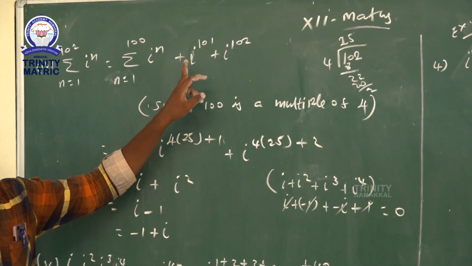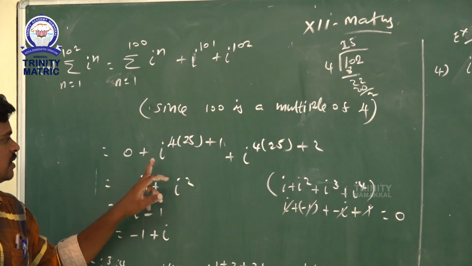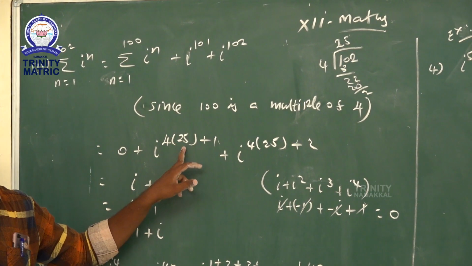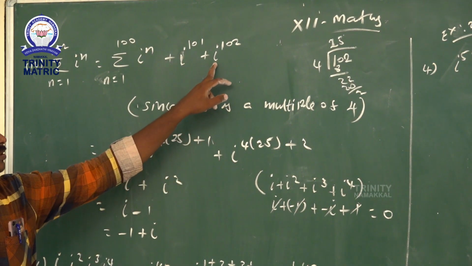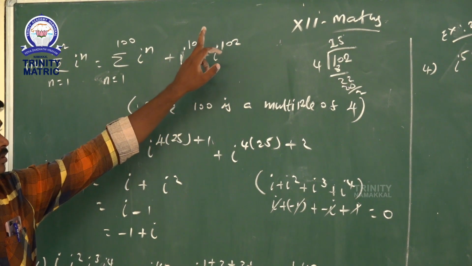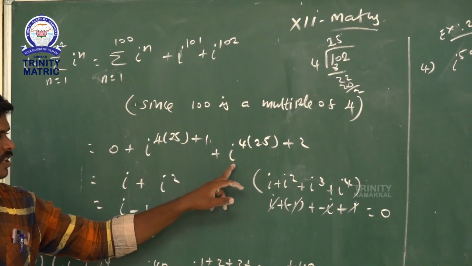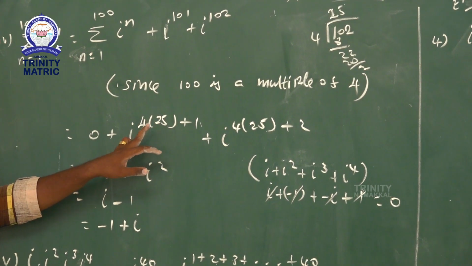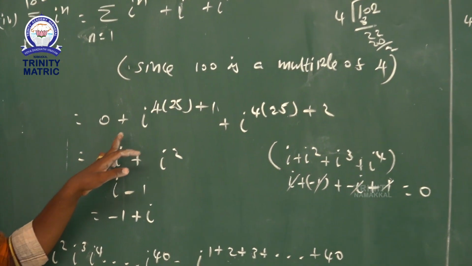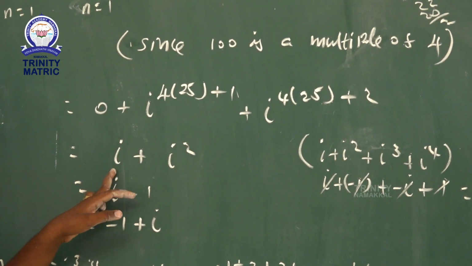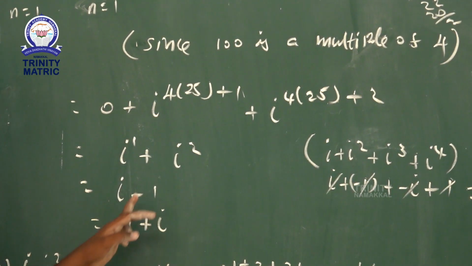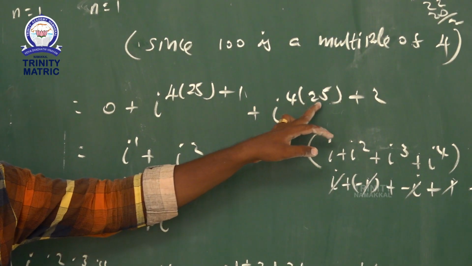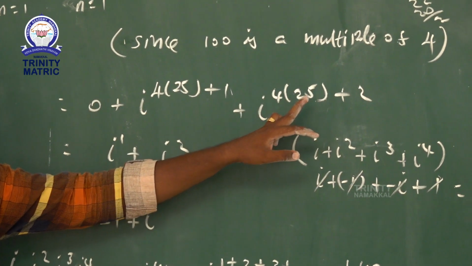So next two terms, i power 101 can be changed to i power 4 into 25 plus 1, and i power 102 is i power 4 into 25 plus 2. Here i power 4 into 25 is 1, and then remainder is 1. So i power 1, that is i, plus i power 4 into 25 again 1, so remainder is 2.